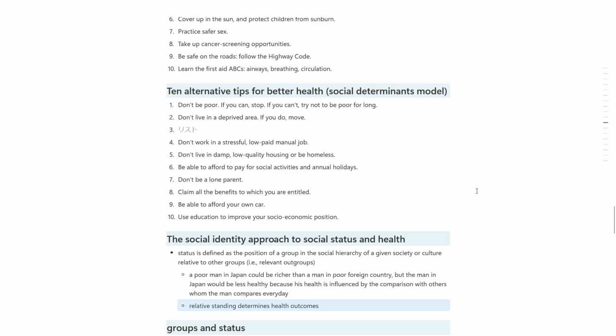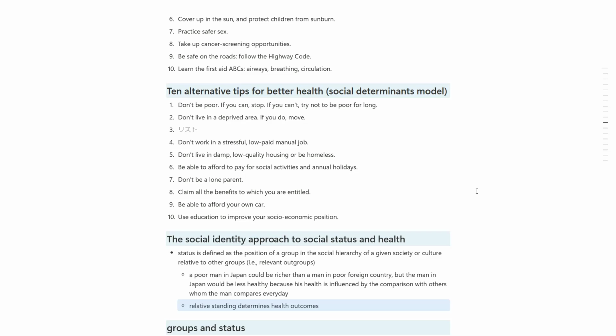So the social identity approach says that relative standing determines health outcomes. It's not the absolute standing, but it's relative standing. How a man understands where he stands in his society is important for his health. Even if he knows that on the basis of wealth he is richer than someone in a much, much poorer country, it doesn't help him to be healthier.